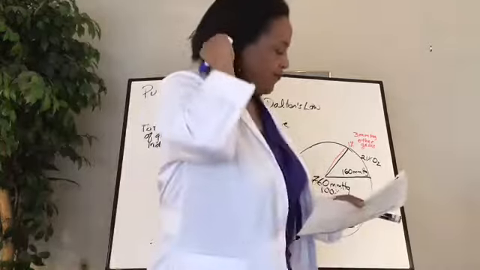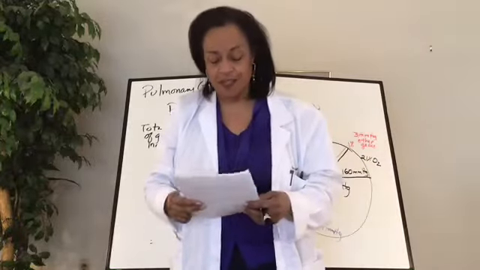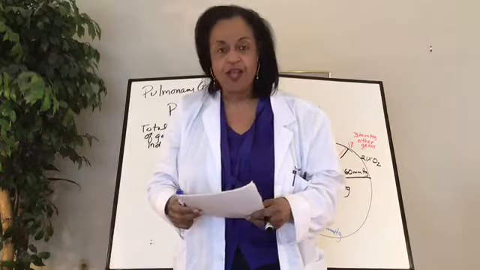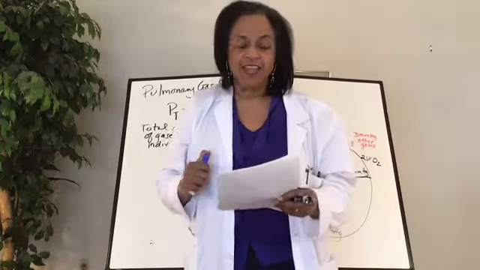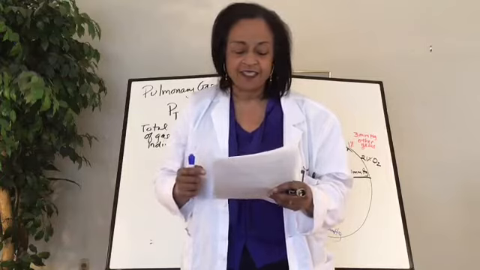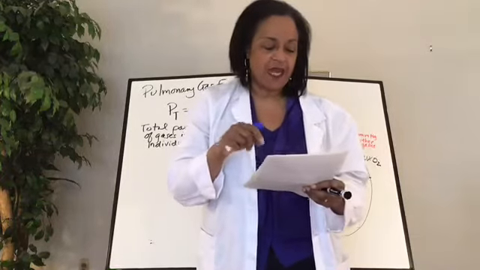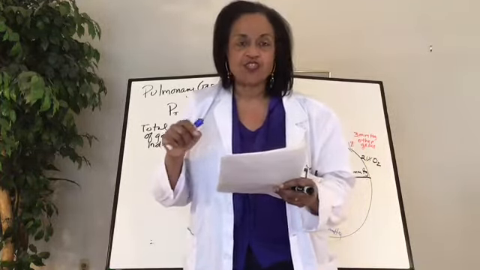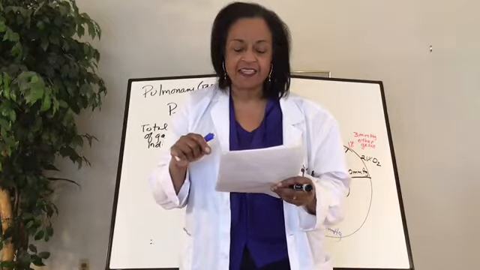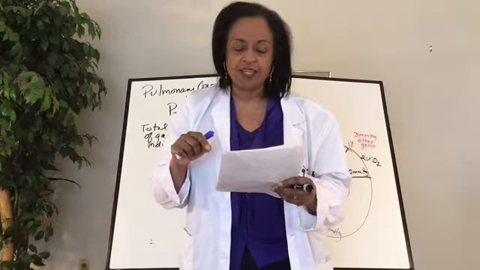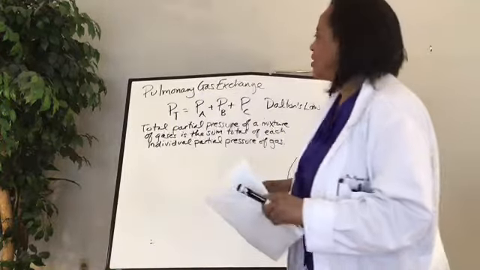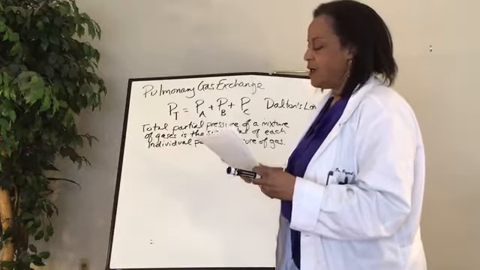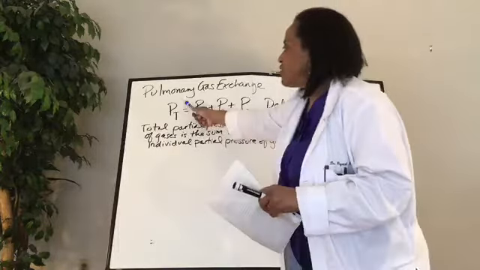So now, this is a question that's going to be on the exam, just so you'll remember. The partial pressure of a gas in a mixture of gases is directly related to the concentration of the gas in the mixture and to the total pressure of the mixture.